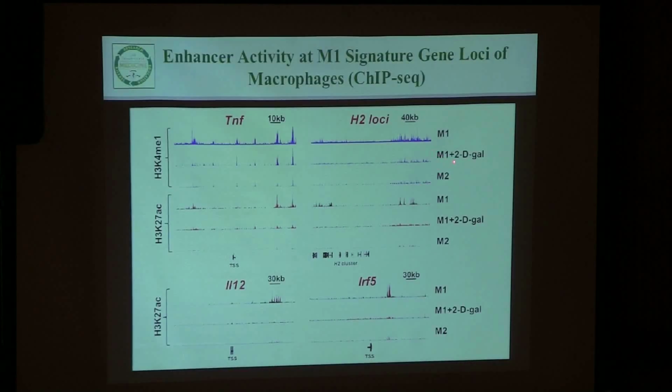However, with the 2D-gal treatment, the enhancer activity is suppressed and looks more like M2 activity here.